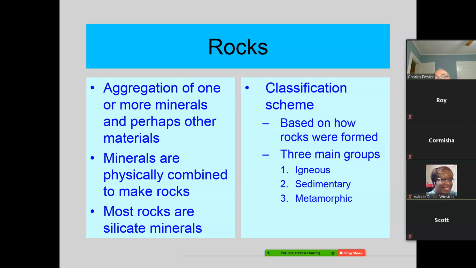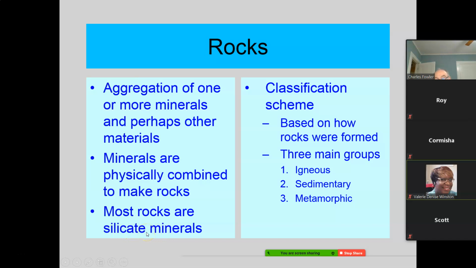Well, rocks are a variety of minerals and maybe other things too, being held together by some sort of agent, which are sometimes called cementing agents. They're physically combined, not chemically, so they're not changed in any way. They're minerals put together. Most rocks, again, just like we saw, are silicate minerals.